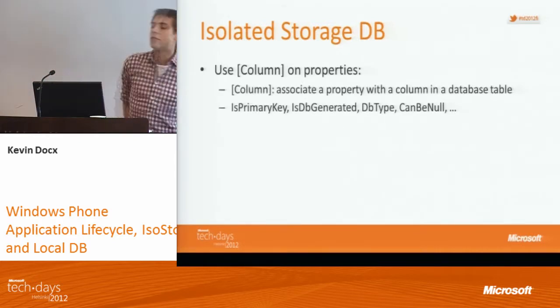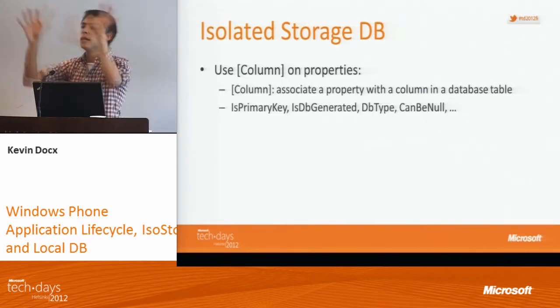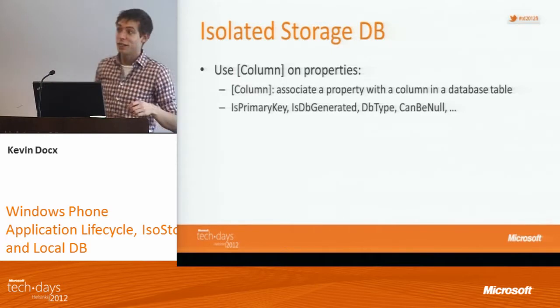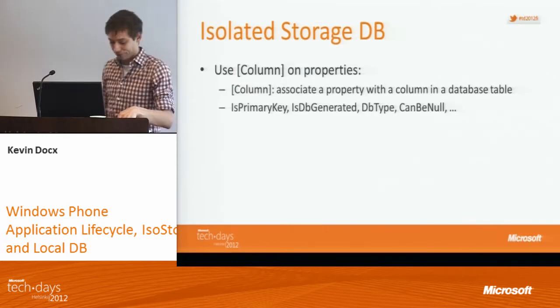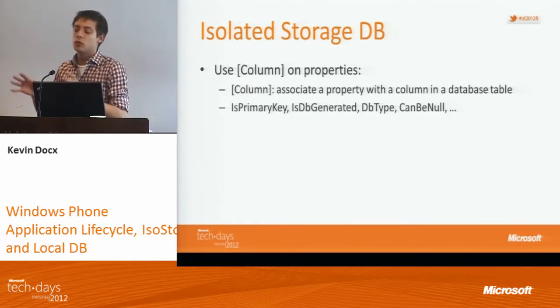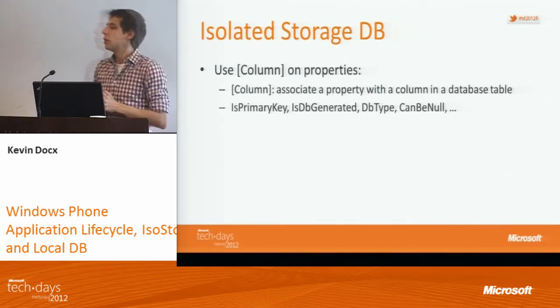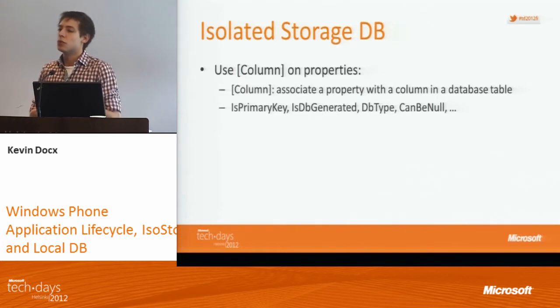If you're using the Entity Framework, we all know we have that nice designer where we can just drag and drop. And, okay, I don't like that, but you can do that. Or we can do it code first. But in this case, you will manually have to do some work.